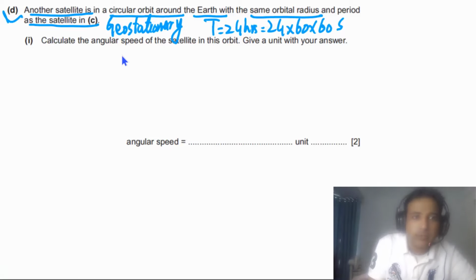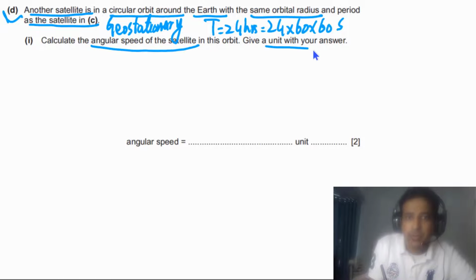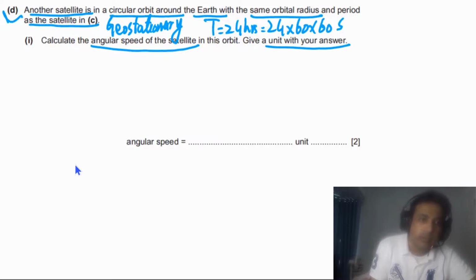For part D1, we need to calculate the angular speed of the satellite in this orbit. Give a unit with your answer. Angular speed simply means, imagine that we have the satellite, this is the orbit of the satellite, and the satellite is moving in this orbit, and our planet is located here.